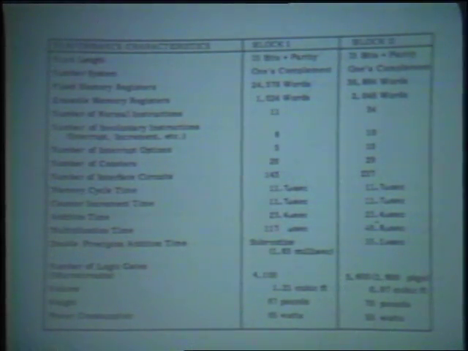And then there were some double precision operations put in, which were subroutines in Block 1. So the Block 1 took about 4,100 logic gates, that's the single gate, and the Block 2 used 5,600 logic gates, which are 2,800 packages. And as you see, the size went down from 1.2 cubic feet down to 0.9 cubic feet. The weight went down and the power went down in this process.